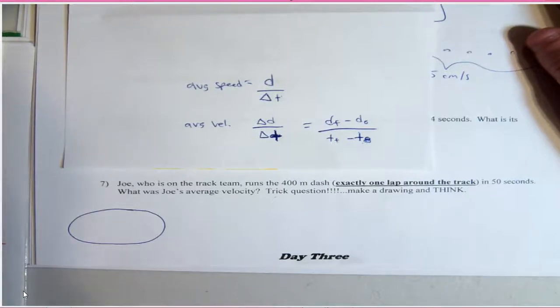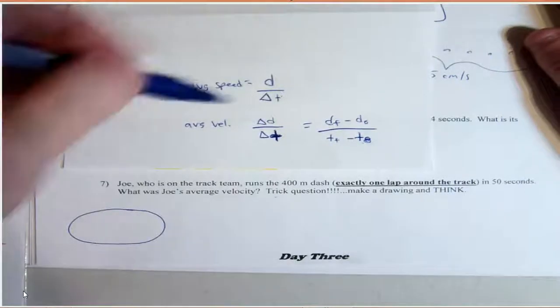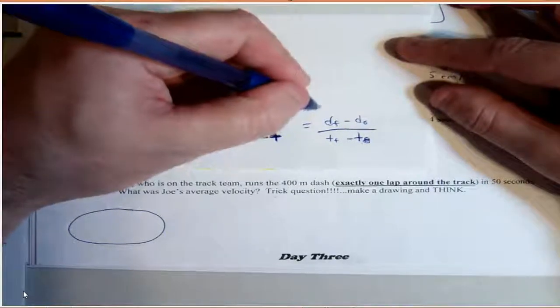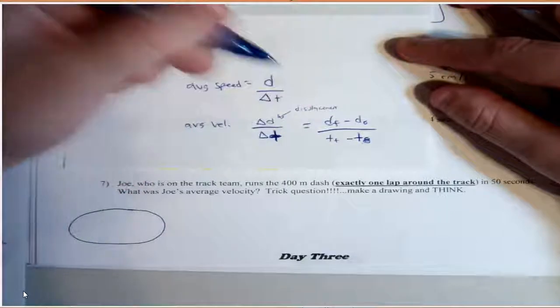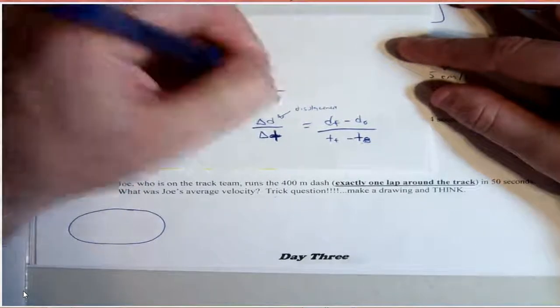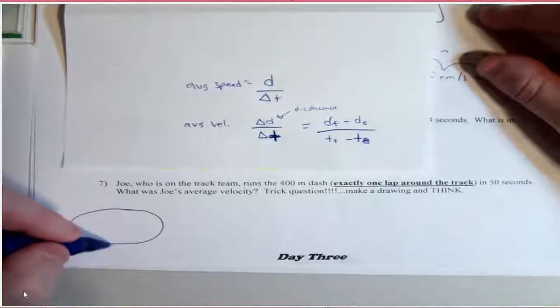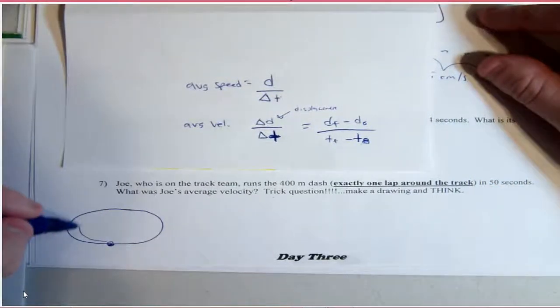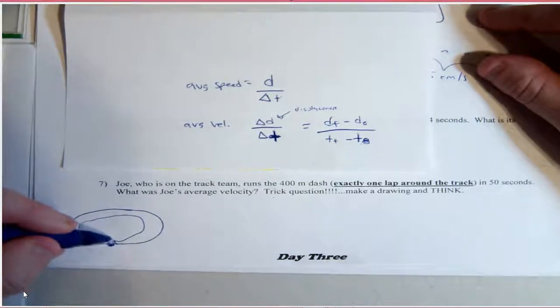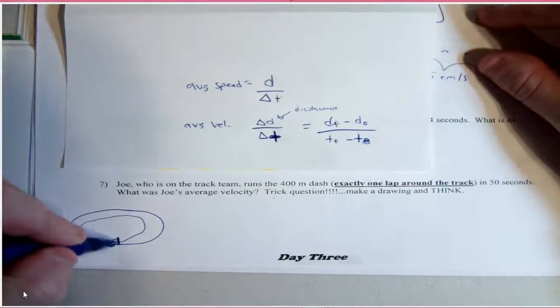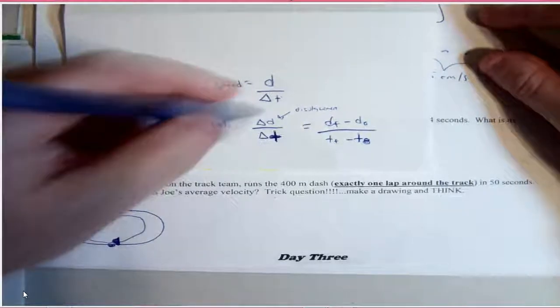A couple of things to consider, but let's look at this formula. Remember, this is displacement. Just keep that in mind. This is distance, this is displacement. So with that being said, if he starts here, he runs all the way around, well, his displacement is what?